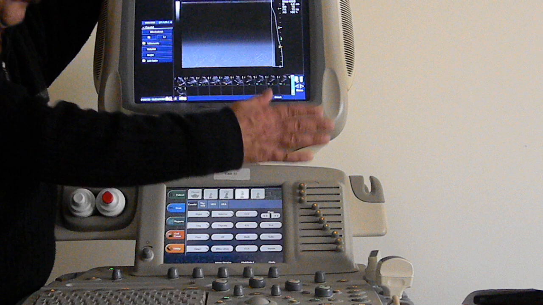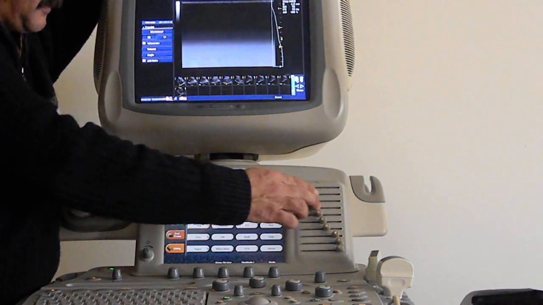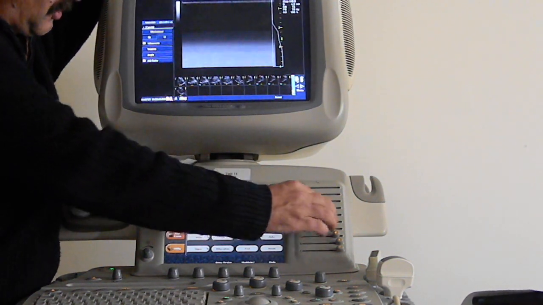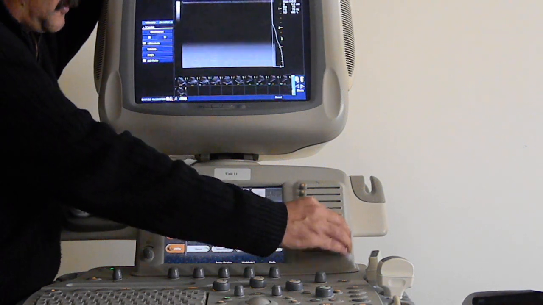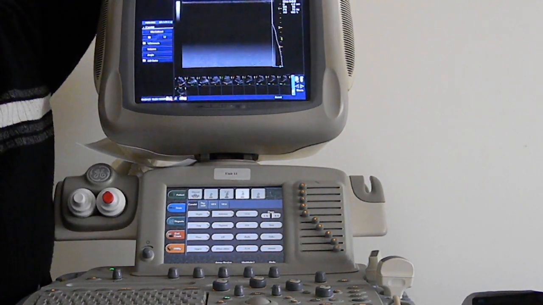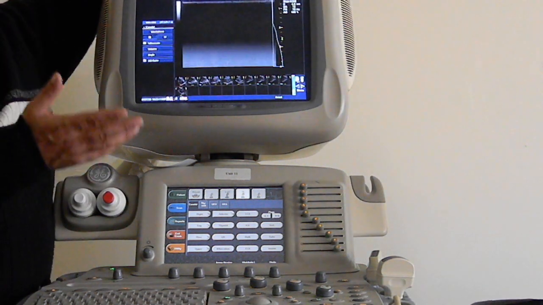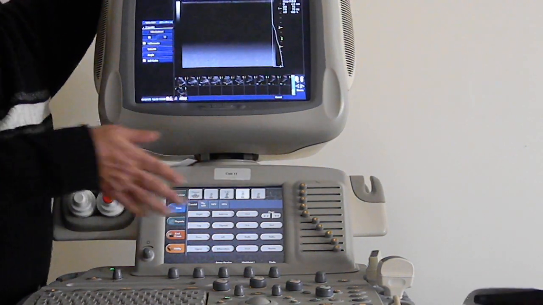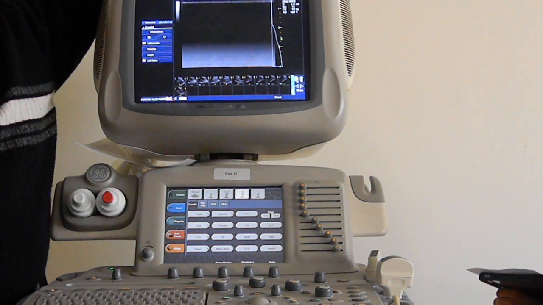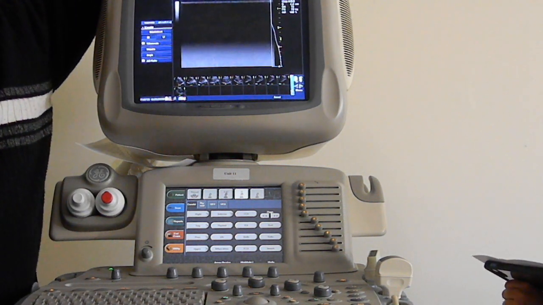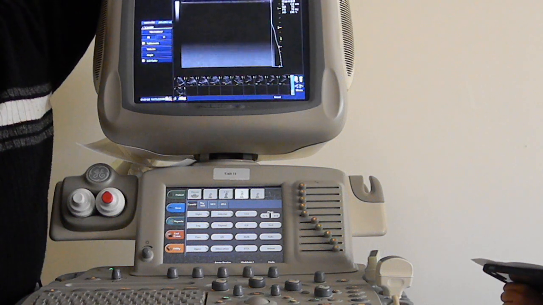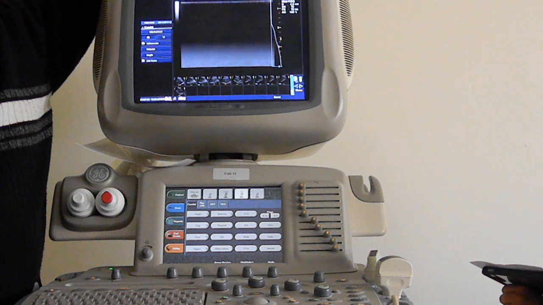But we may have to go like this and then start your compensation like this. This is all fine tuning that you will have to adjust from patient to patient, all dependent upon his or her build, or the area that you are scanning.